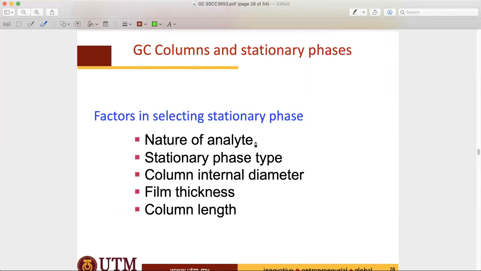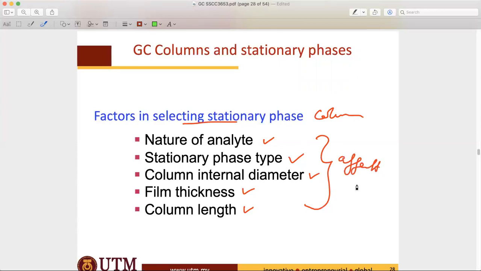So, factors in selecting your stationary phase. Stationary phase means your column. You need to know the nature of your analytes, the stationary phase type, your column internal diameter, the film thickness, and column length, because all of this will affect your analysis. As an example, column length.